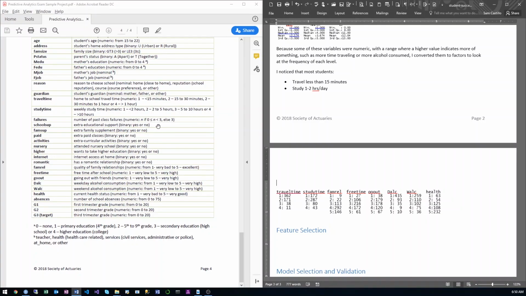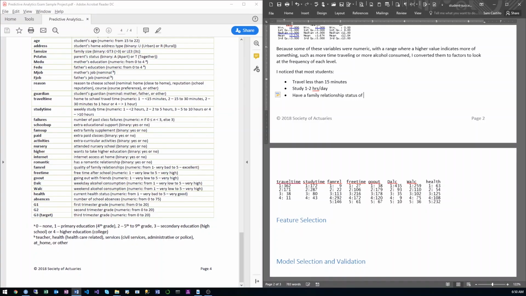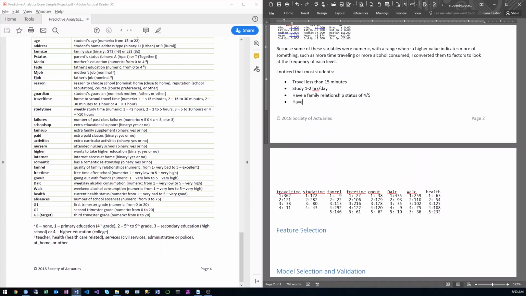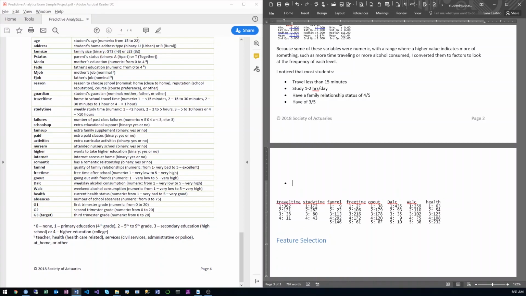Most have a family relations status of 4 out of 5. Free time, 1 is very low. Most have 3 out of 5. Go out with friends, 3 out of 5.